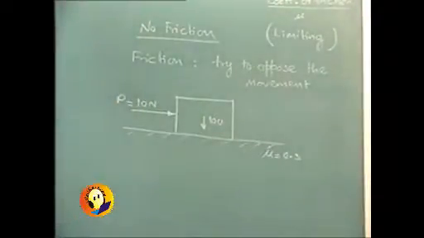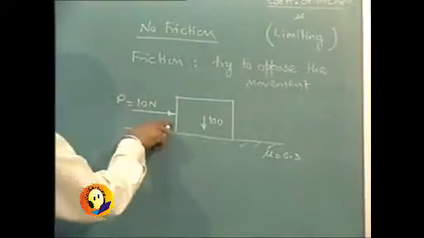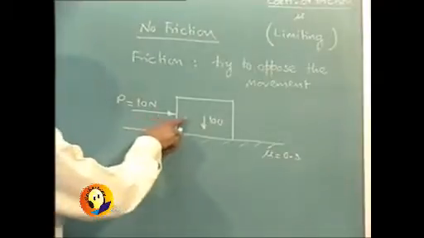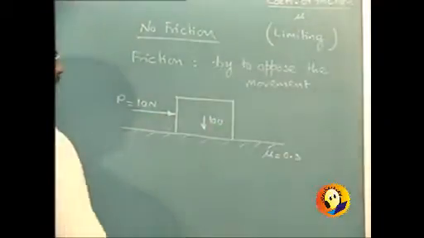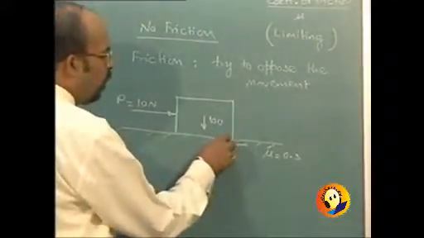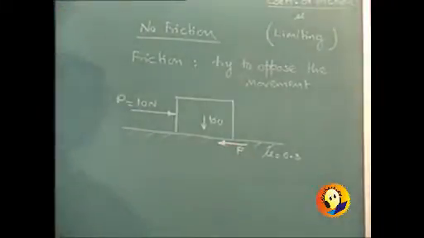Now due to application of this force of 10 newtons, the block will try to move in the direction of the force, that is towards right. And the frictional force will come into picture and it will try to oppose this motion.